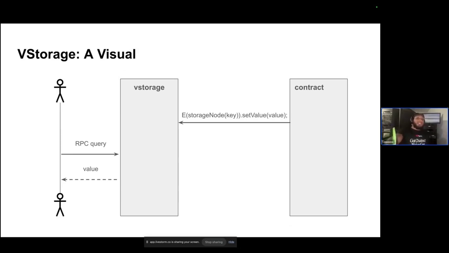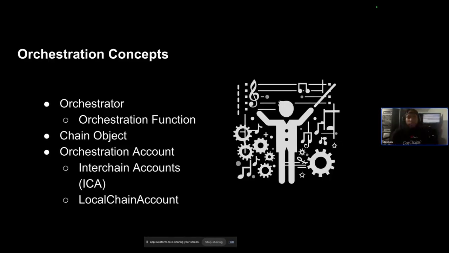And all that's doing is just setting a value at that node in the tree. So when you create a contract and you pass a storage node to it, that contract can now store information at that node and children to it. Okay, and then on the left side, you have a client that is invoking VStorage via RPC to get the actual value. And we'll show you how you do that from the front end as well.